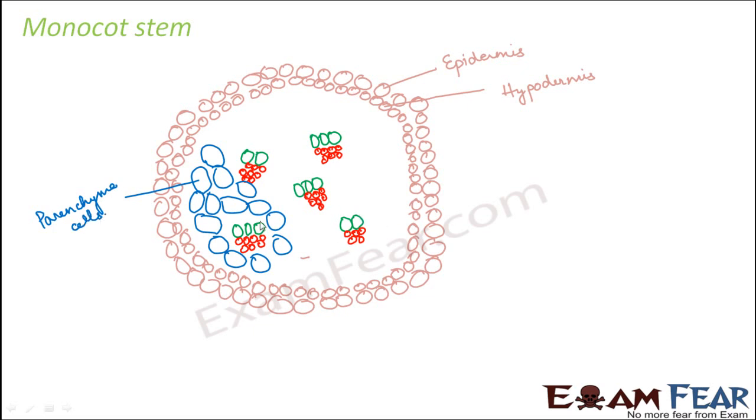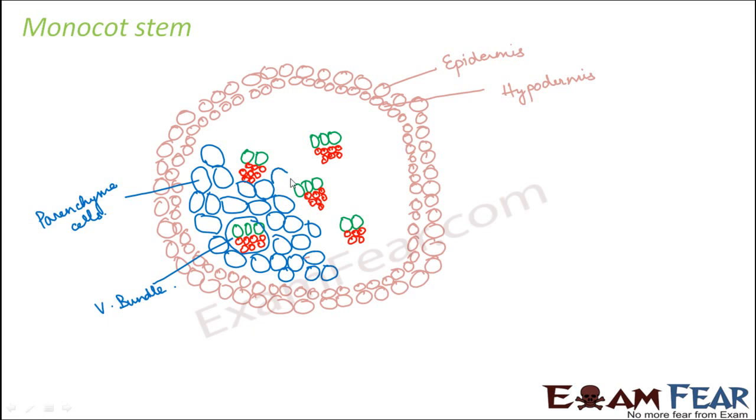And this entire thing is the vascular bundle, which consists of the xylem and the phloem. Right? So this is how the structure of a monocot stem looks like.